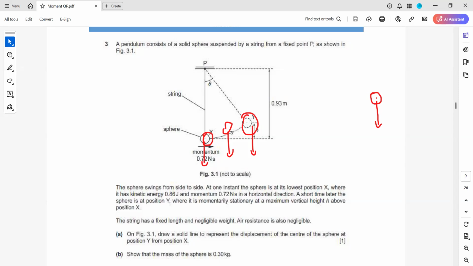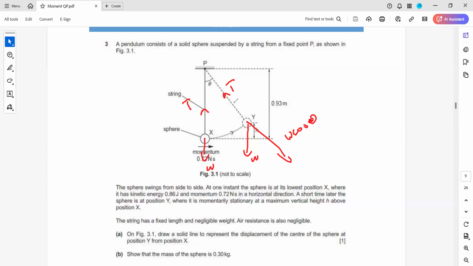In what case will the tension be equal to the weight? When it is here, in this case, the weight is equal to the tension. That's right. But when it is at this position, there are components. This is the tension T. Here the component of the weight, W cosine theta, is balancing the tension. But the component of the weight, W sine theta, is not balanced by any other component.